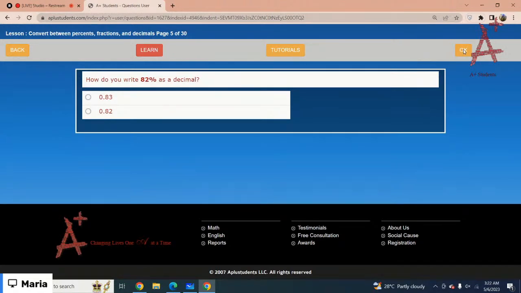So which is the correct option? You have to do 82 over 100, and 82 over 100 equals 0.82. That is option number 2.